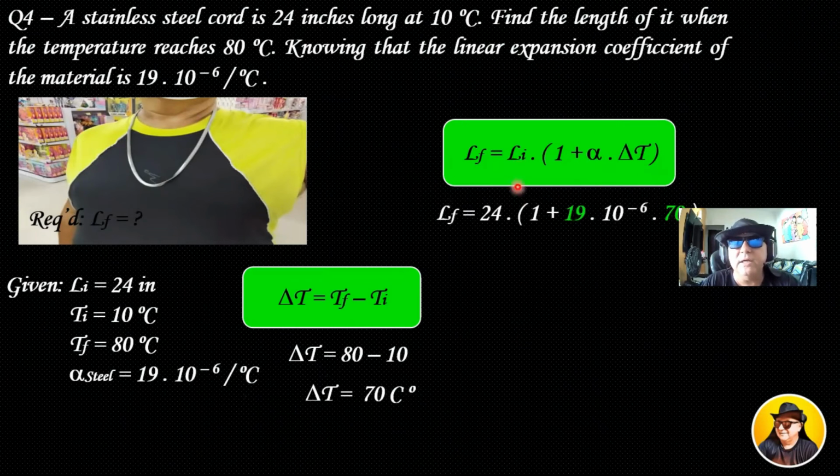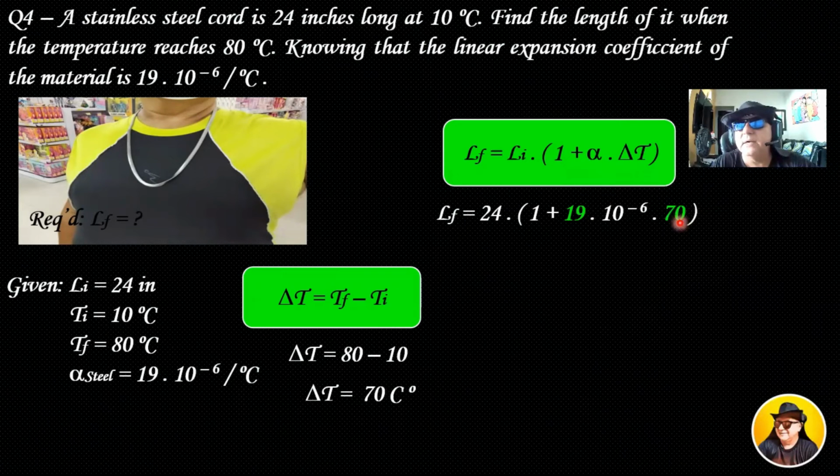Okay, we know that the initial length is 24. 1 is here, plus alpha. Alpha is 19 times 10 to minus 6. And delta T is 70. We have already found it. Okay, you see that it is in green in order to make you pay attention that now I'm going to multiply only these numbers.